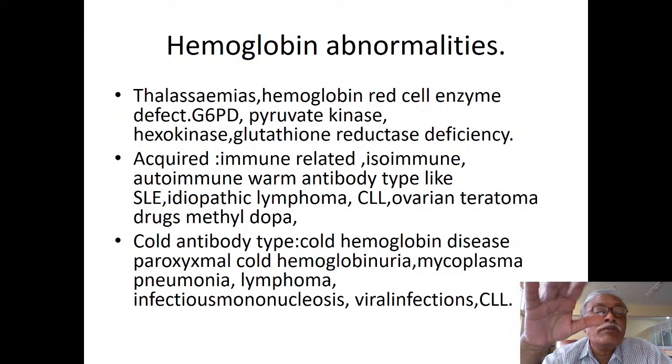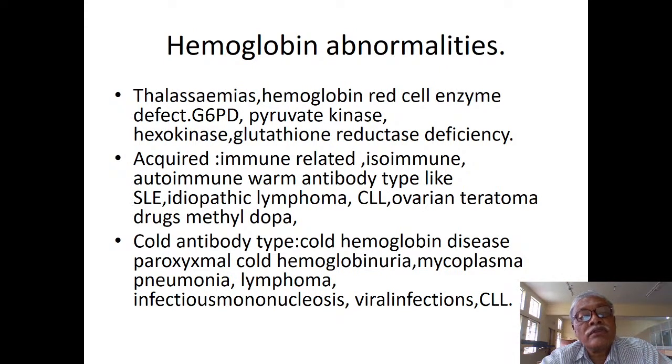Thalassemias, of course, it depends. In beta thalassemia, beta chain production is less. In alpha thalassemia, alpha chain production is less in the blood.